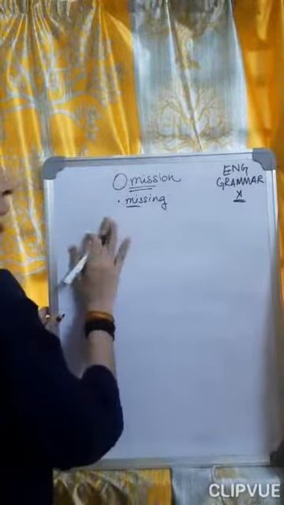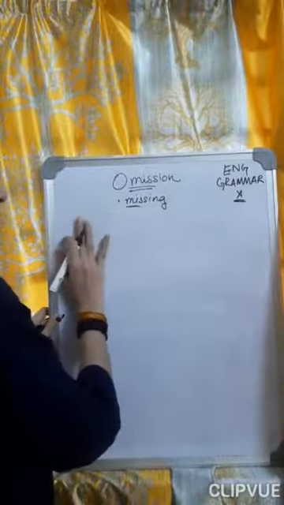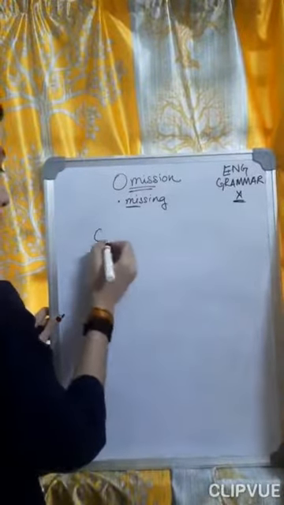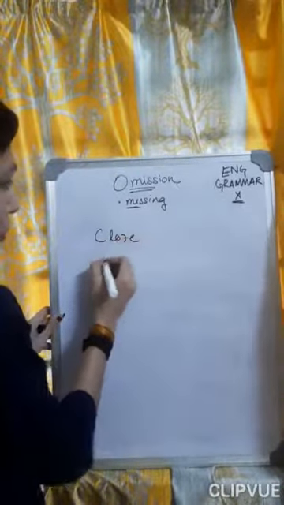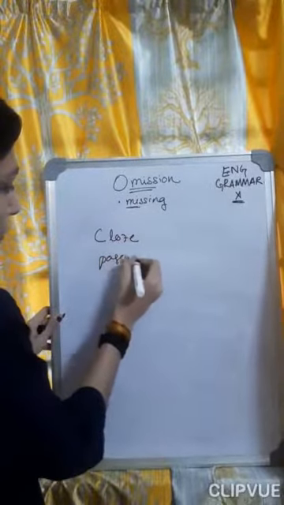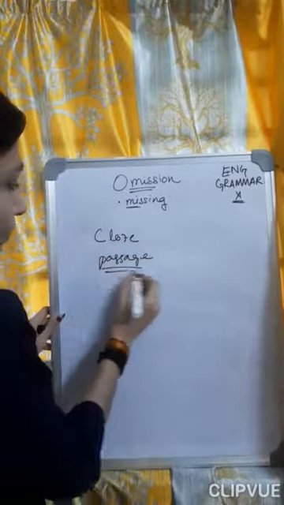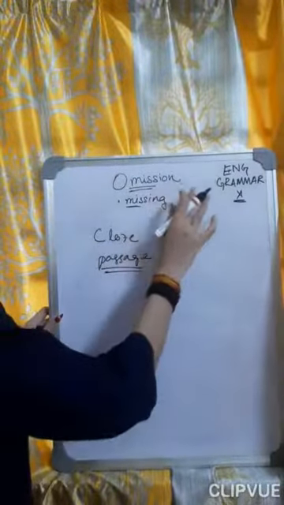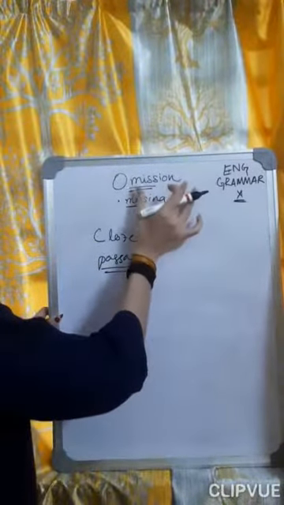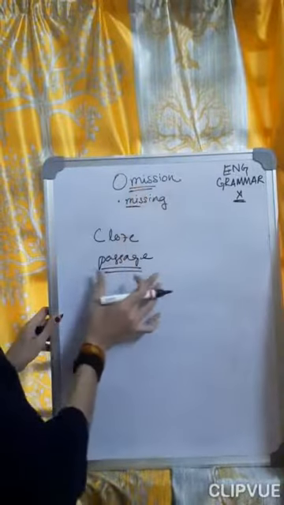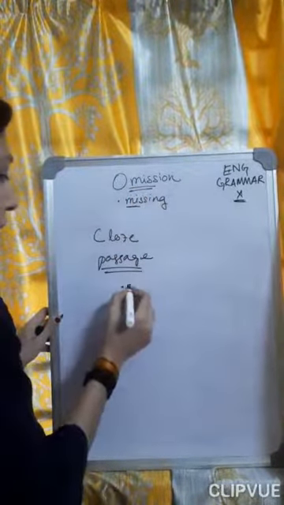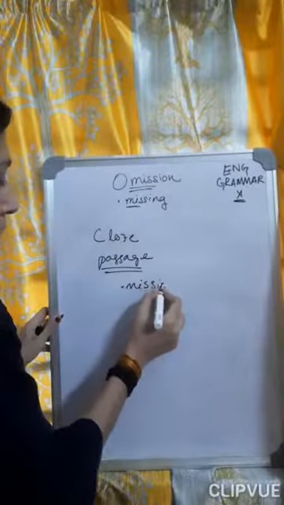But what is the difference between the closed passage and omission? In closed passage, there was a passage. But in omission, there can be lines or passage or anything. But the most chances are that it will be in a passage form. So here is also missing and here is also missing.